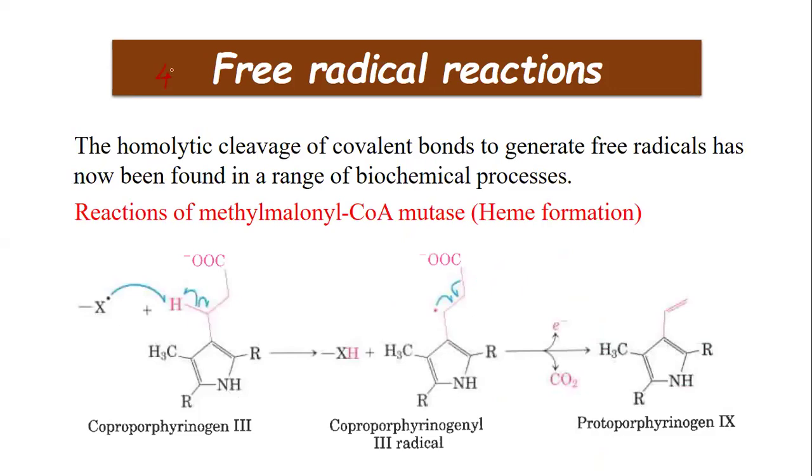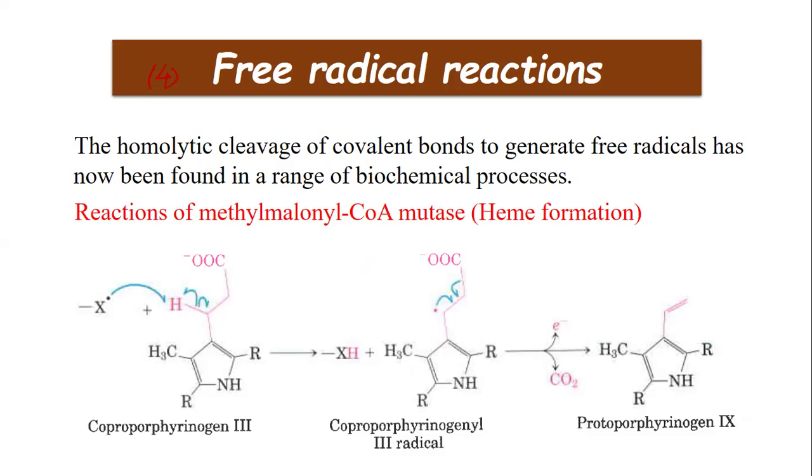The fourth type of reactions are free radical reactions. And as we have discussed earlier, free radicals form during homolytic cleavage of bonds. So there are many chemical reactions in metabolism where the homolytic cleavage converts a structure, a carbon or any other group, into a free radical, and then this free radical can create some further free radicals in these structures.